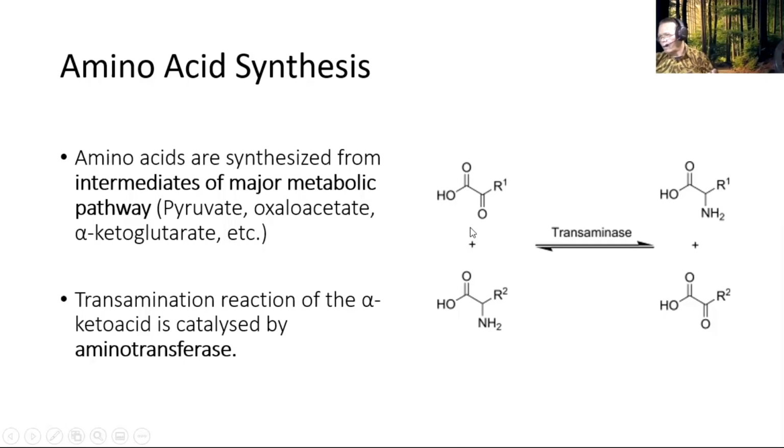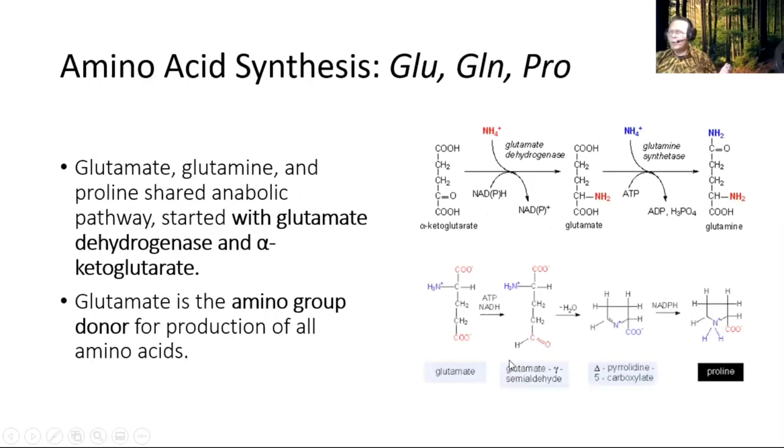Then this ketone will be converted into this molecule. Then this molecule will be converted into a ketone. That's why we call this a transaminase. Now let's see amino acid synthesis one by one.